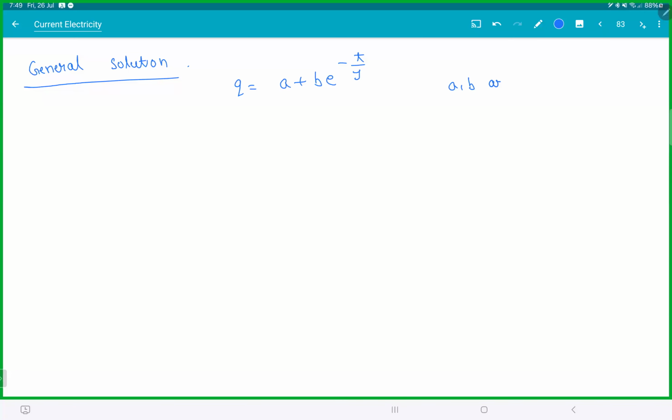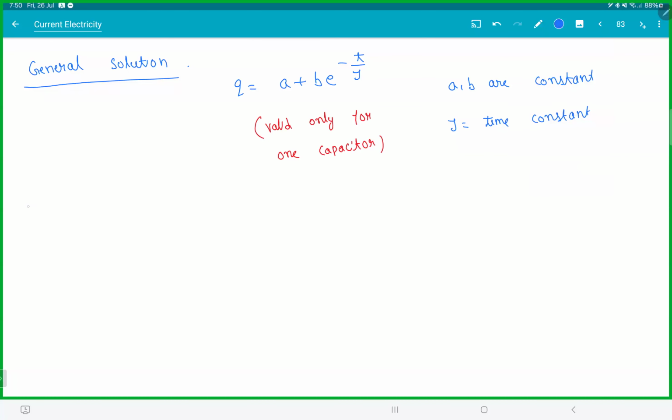Here A and B are constants. Tau is the time constant. So this is a general solution for charge as long as there's only one capacitor. You can have 100 batteries and 1000 resistors, but there should be only one capacitor. So if I can find A, B, and tau, my job's done.